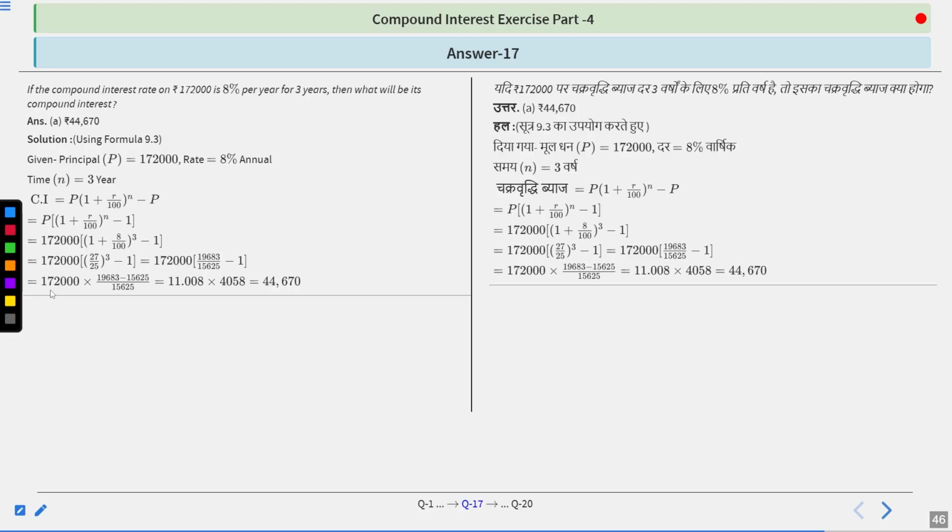That becomes 1,72,000 into 19,683 minus 15,625 upon 15,625. That is 11.008 into 4058. And on multiplication, we get 44,670. Therefore, option A is the correct answer.